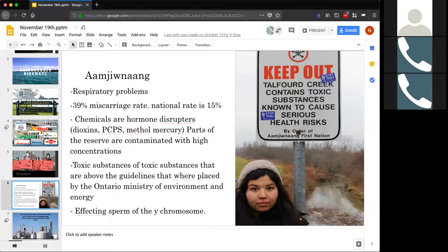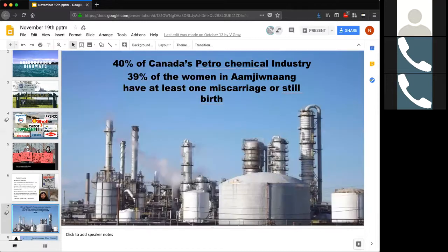So obviously, if you're living around so much heavy pollution, there's respiratory issues. The World Health Organization has named Sarnia to have the worst air. And there's been a skewed sex ratio.